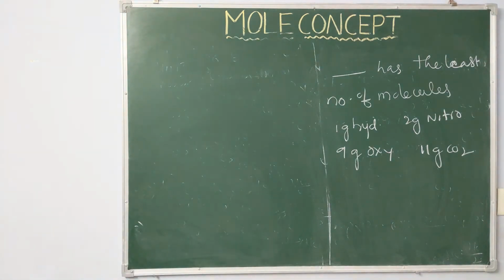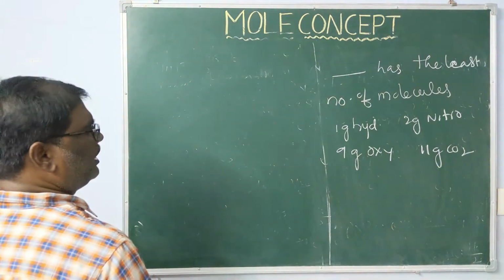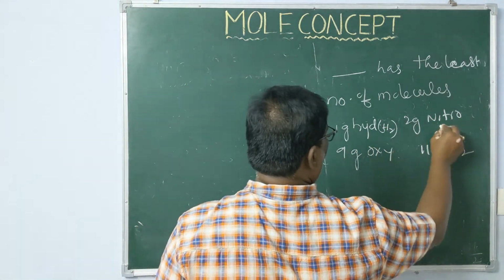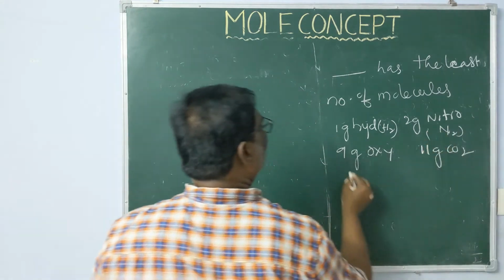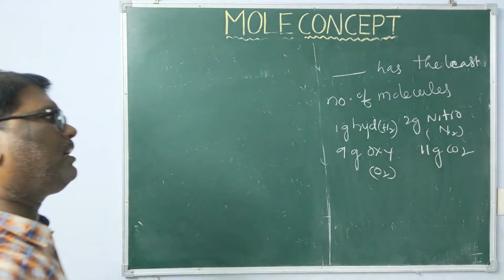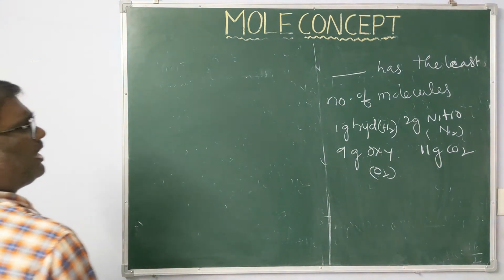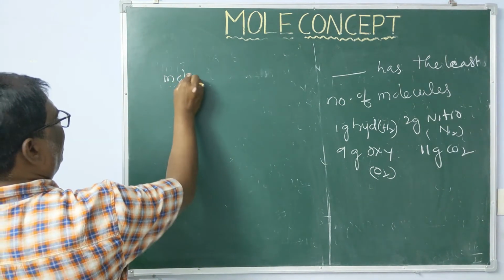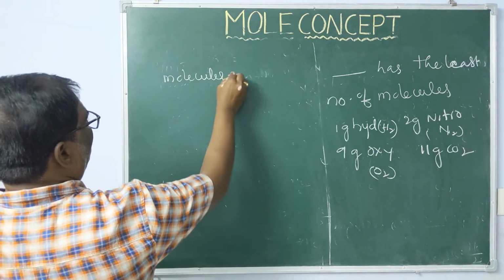Now the options are 1 gram of hydrogen gas, 2 grams of nitrogen gas, 9 grams of oxygen gas, 11 grams of carbon dioxide. Now we have to estimate molecules. I told you molecules are calculated by the formula.